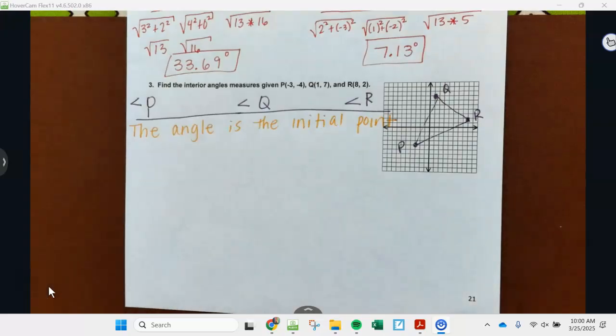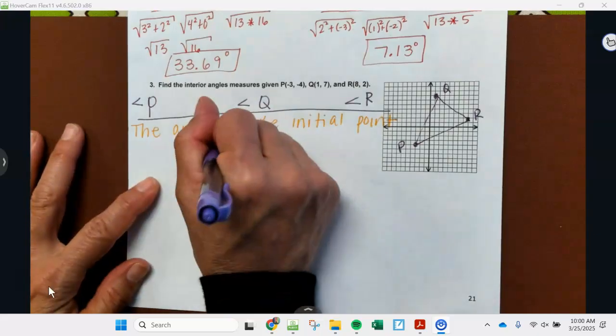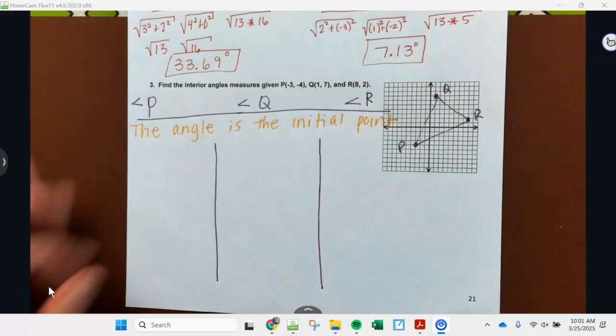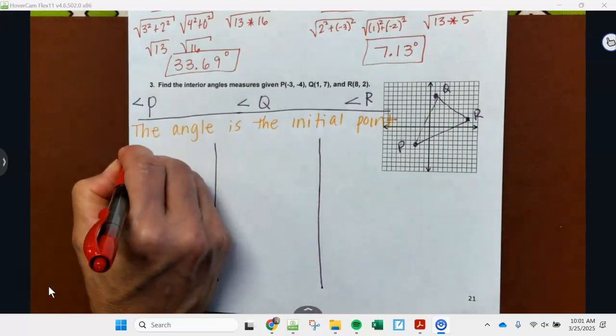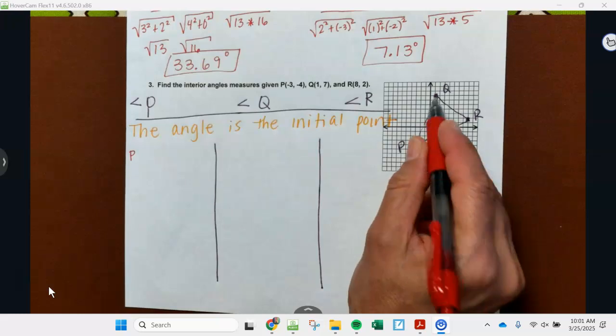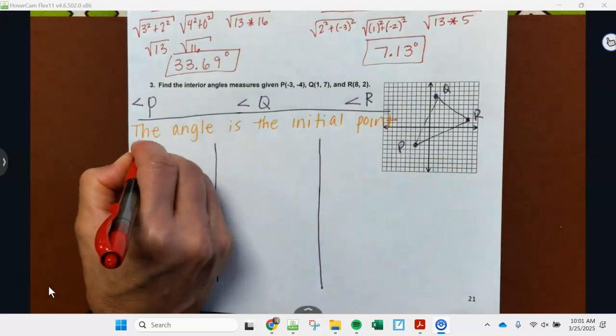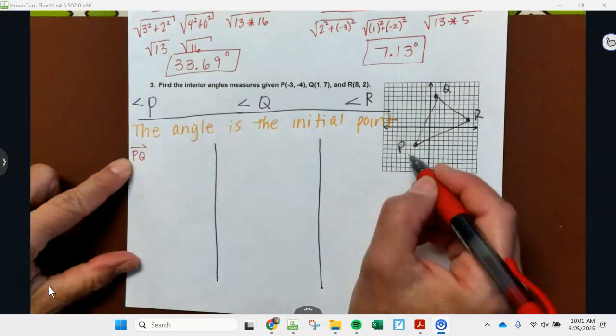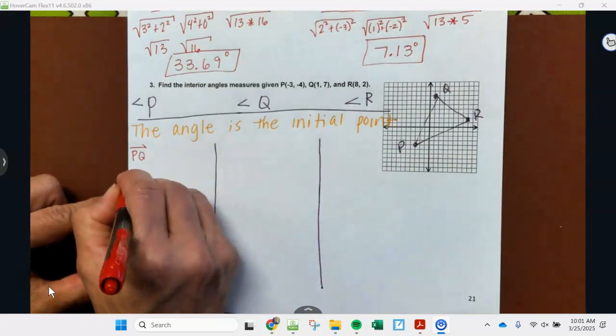Which means when I go to try to find angle P, I'm going to start with the letter P, like this. I need to find PQ, the vector. Notice how I wrote P first. If I'm looking for P, I write P first. And then I need to find PR.